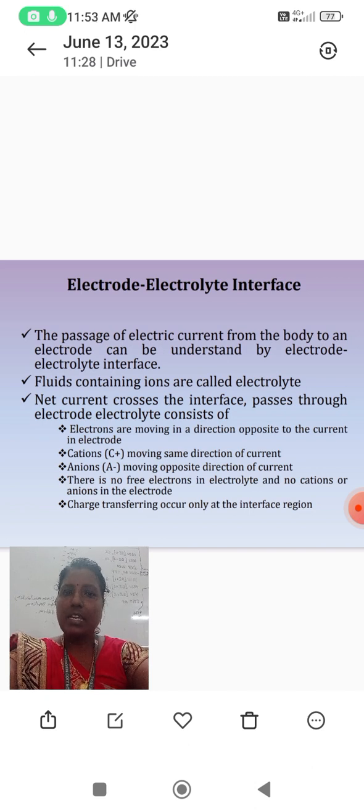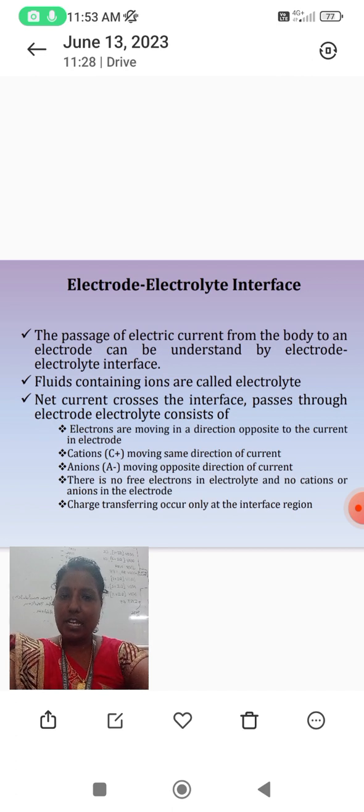That is, electrolyte consists of fluids which contain ions. That is, fluid containing ions is called electrolyte. The fluid contains cations, anions, etc.